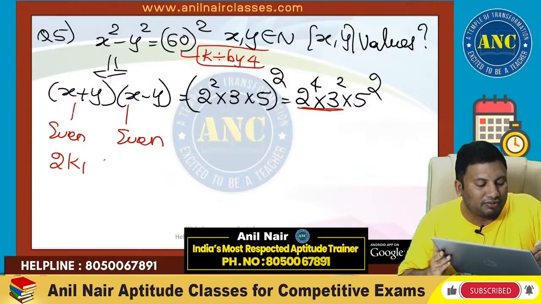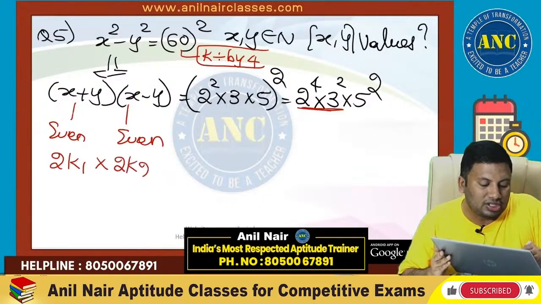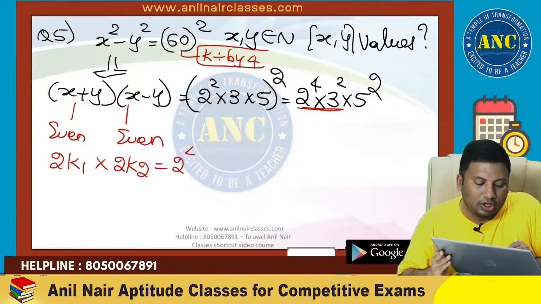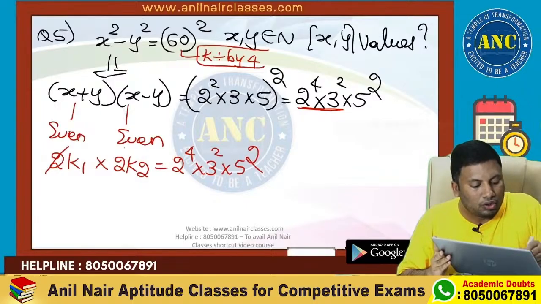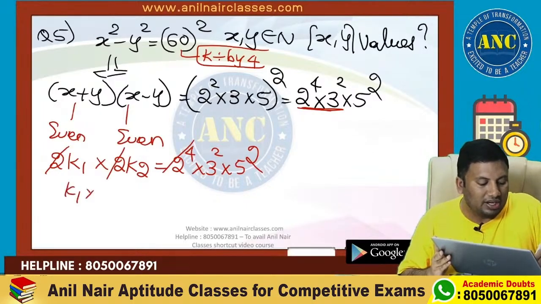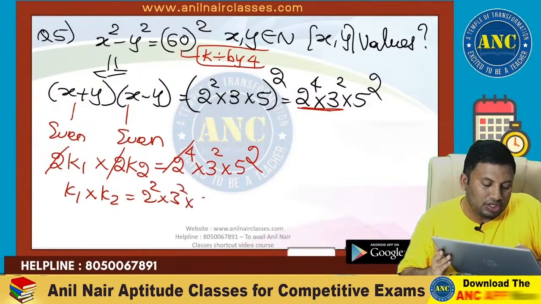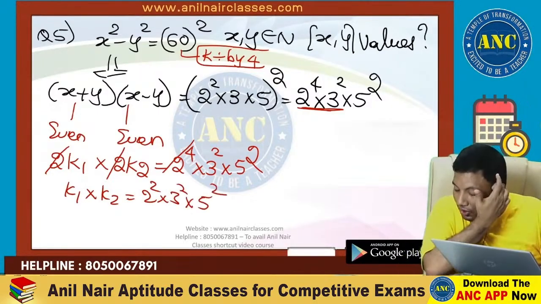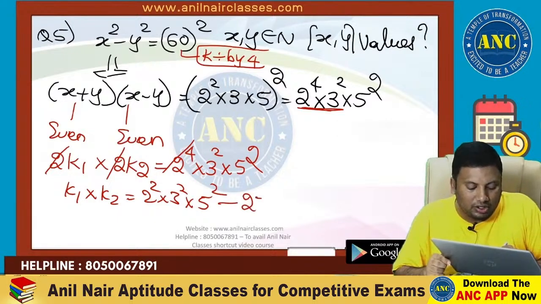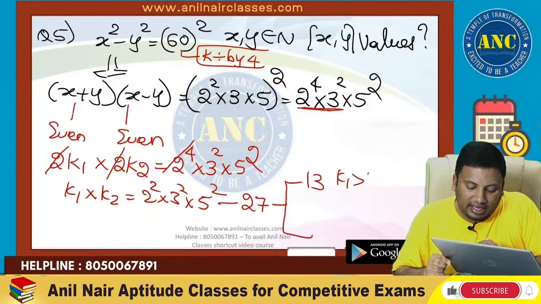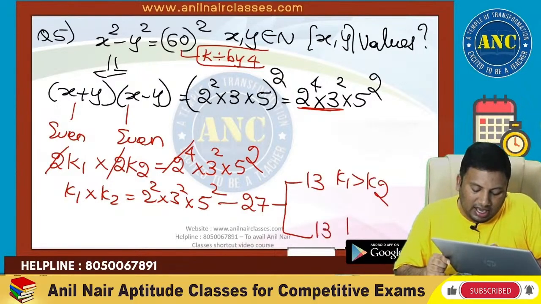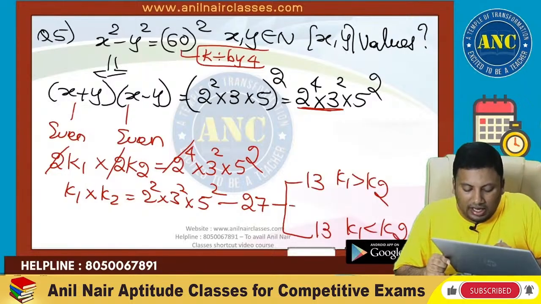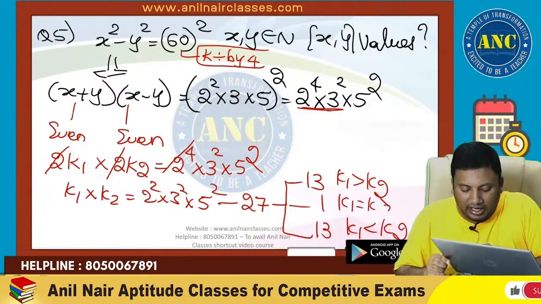An even number is of the form 2k1, here 2k2, and the product is 2 power 4 into 3 square into 5 square. 2 cancel, so k1 into k2 is nothing but 2 square into 3 square into 5 square. Now you know how to solve. 3 into 3 into 3, 27. 13 cases k1 greater than k2, 13 cases k1 less than k2, 1 case k1 equivalent to k2.